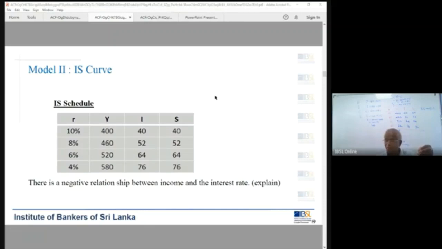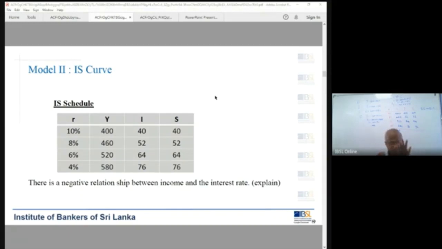Investment decreases. When interest rate increases, investment decreases. Then what will happen to Y? Y decreases, because Y equals C plus I. When interest rate increases, investment decreases in that identity. As a result, income also decreases. Interest rate increases, income decreases. That's how we explain the negative relationship between income and interest rate, the IS curve.